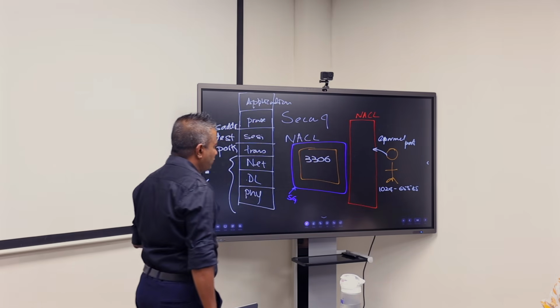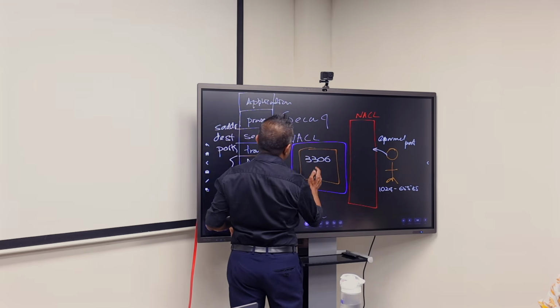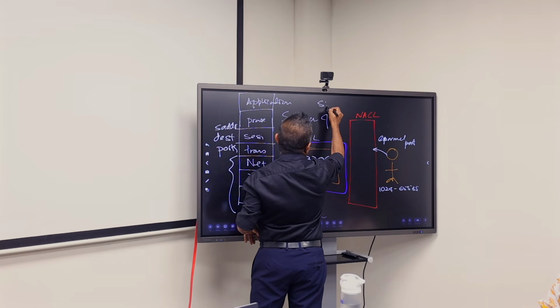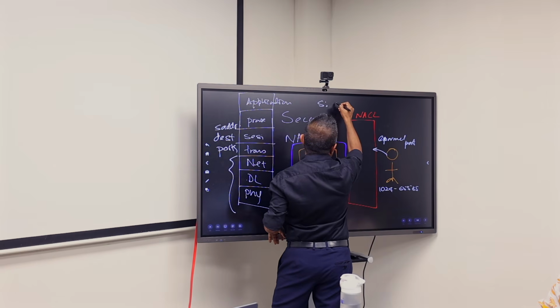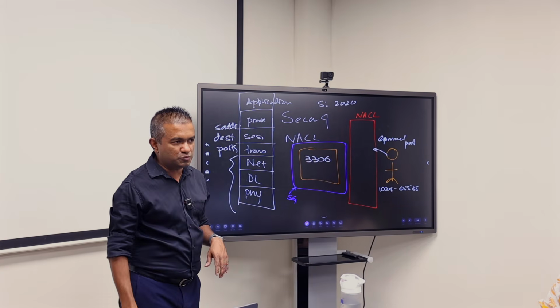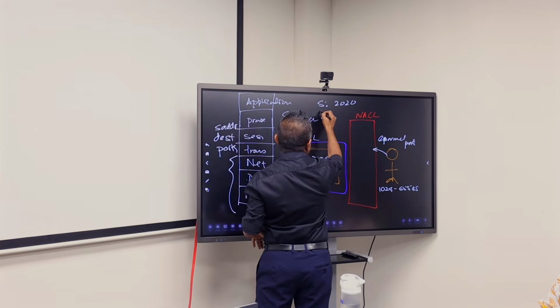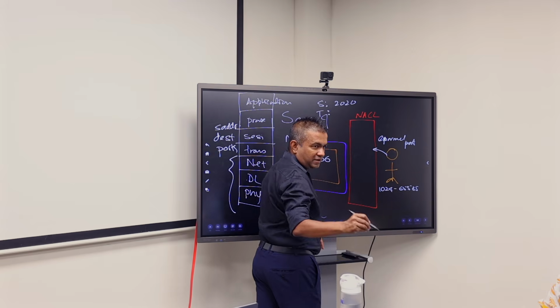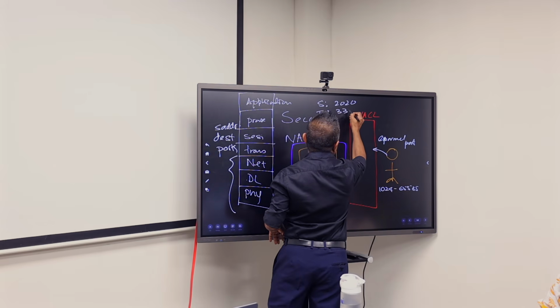Now, what is the source port? Let's say 220. That's the source port. What is the target port? 3306.